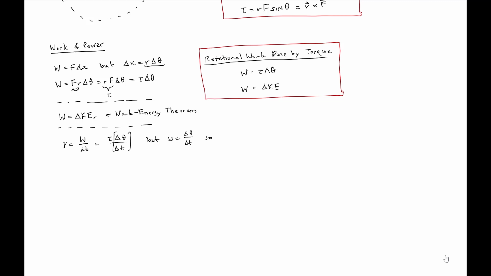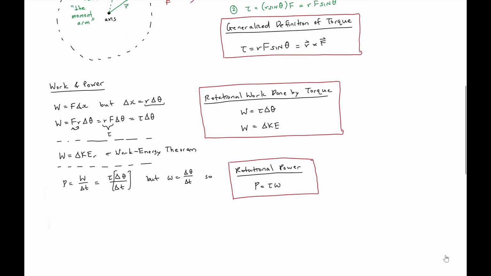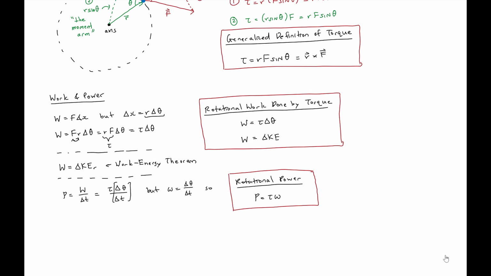So our definition of rotational power is given by P equals torque times omega. Just to summarize, these are the main equations related to torque as well as work and power in the rotational world.